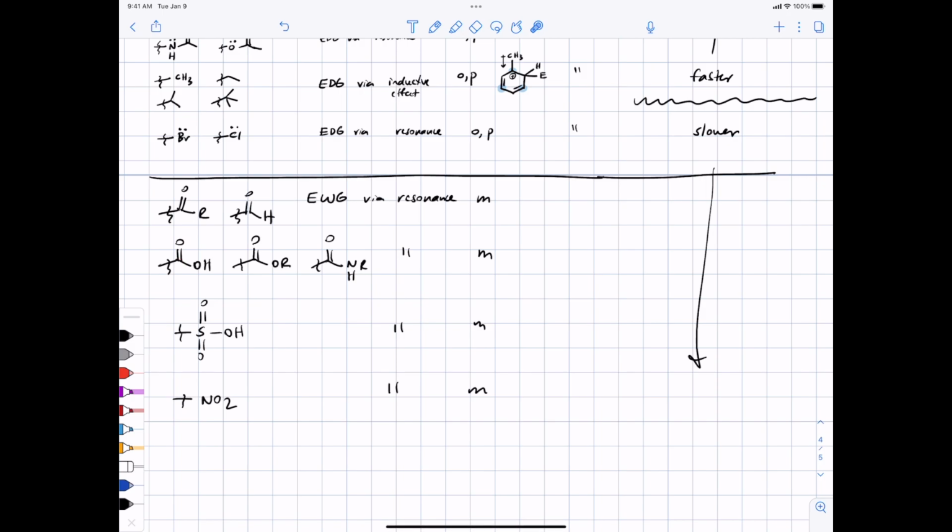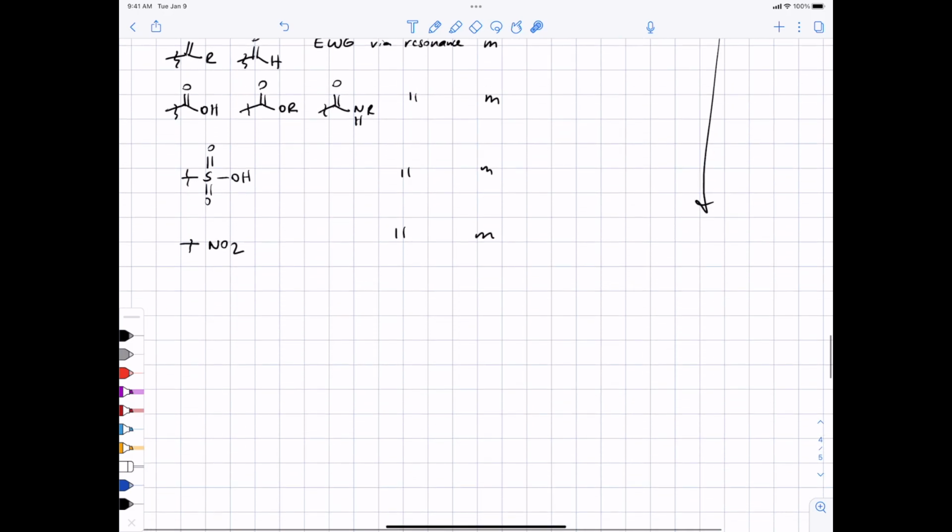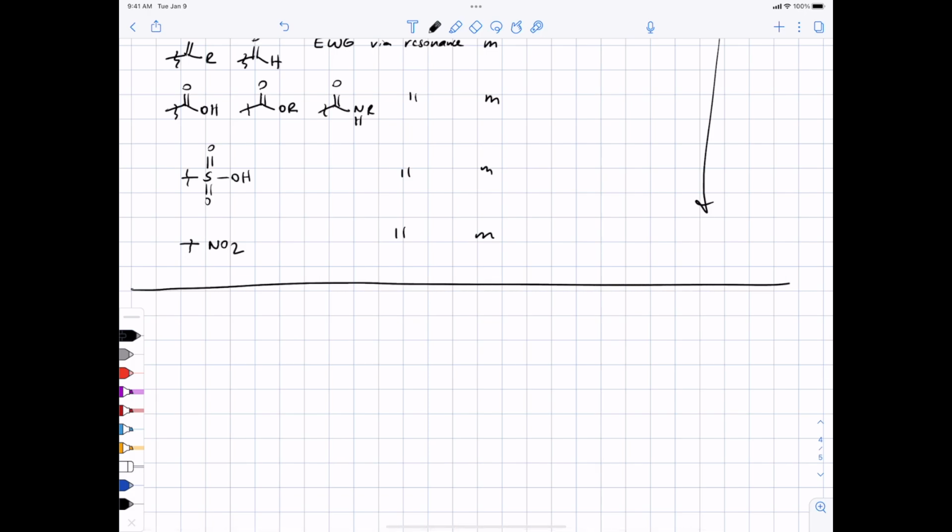Okay, so now we need to practice, and we're not just going to do mono-substituted benzenes. Let's do di-substituted benzenes and more. Let's do a synthesis.